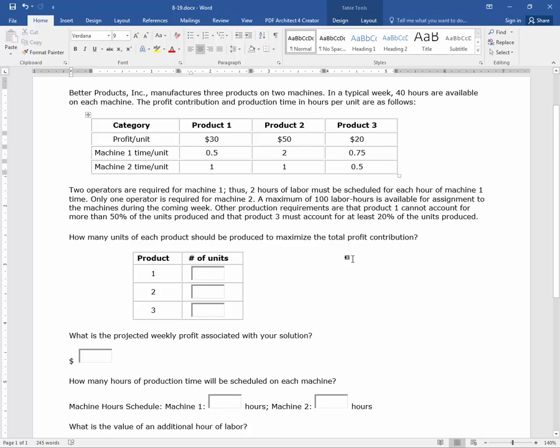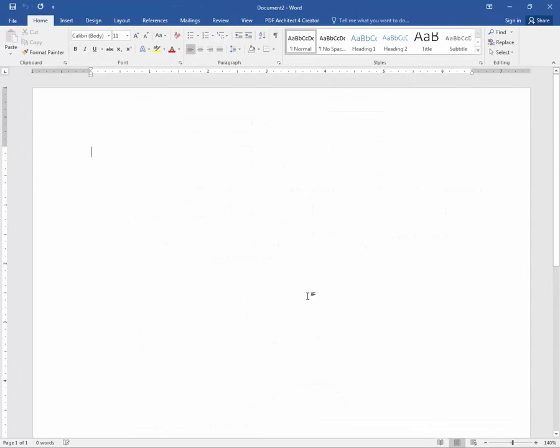So we want to make sure product 1 does not account for more than 50% of the units produced. So let's, I think this one actually might be better if we write it out. So I'm going to maybe make this big. So I'm going to write it kind of in words.